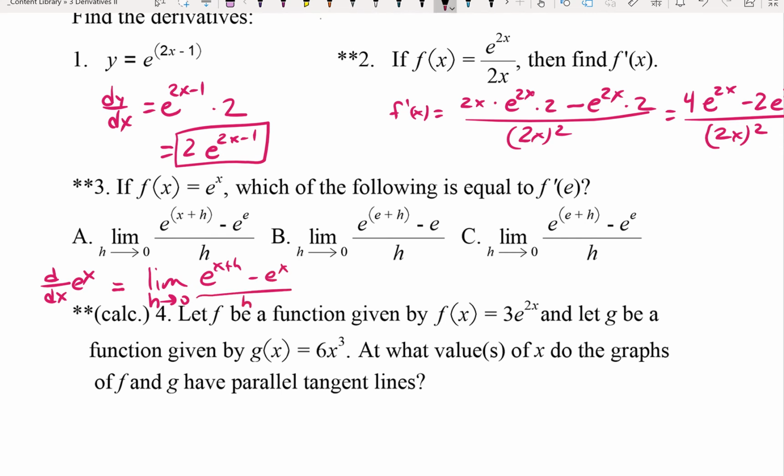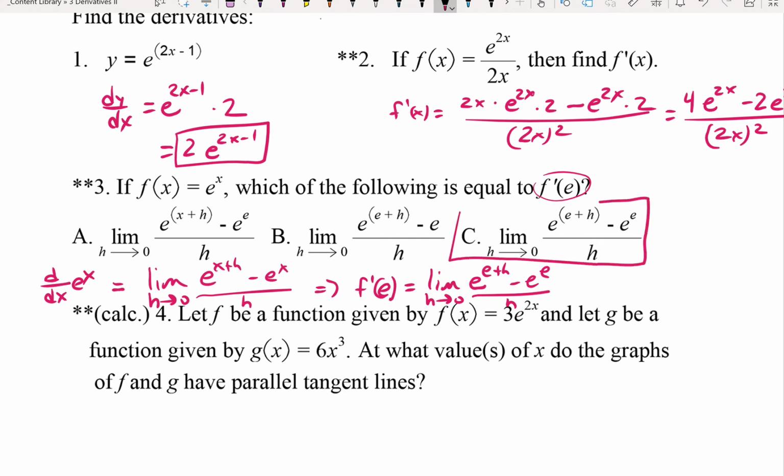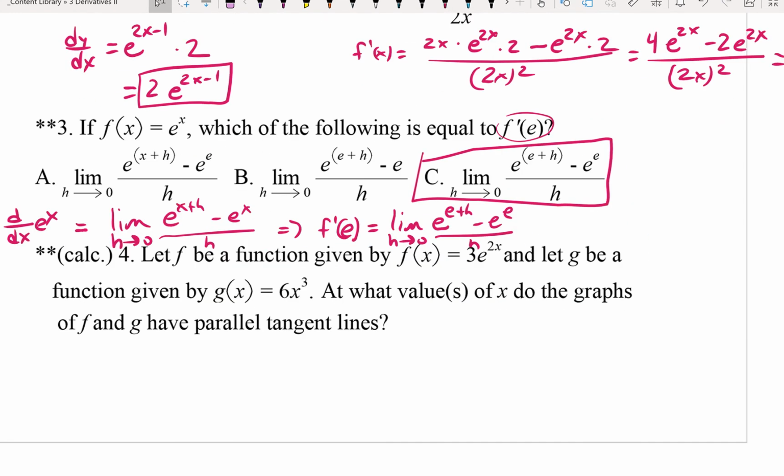And if I want f prime of e, then I'm going to plug e's in to all the x's. So f prime of e is therefore going to be the limit as h approaches 0 of e to the e plus h minus e to the e all over h. That is going to be C. So there you go.